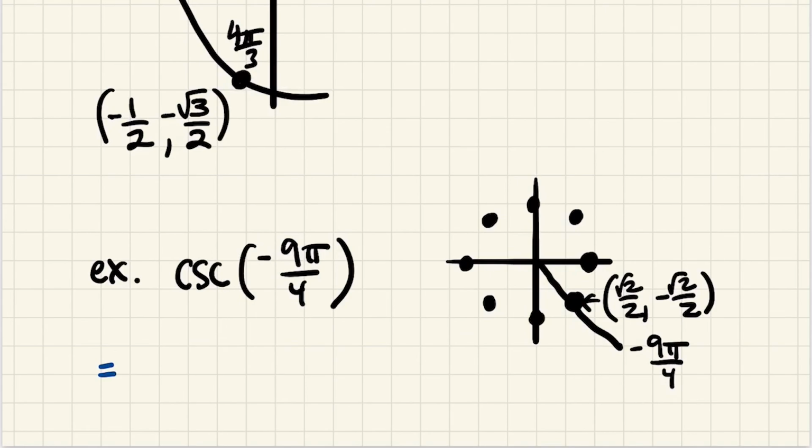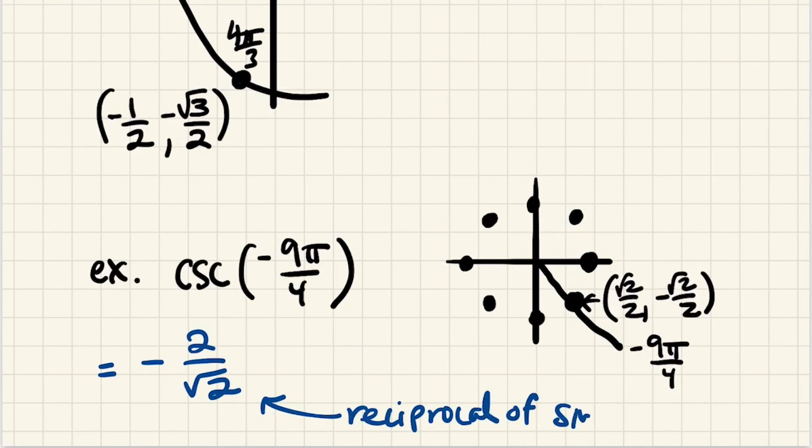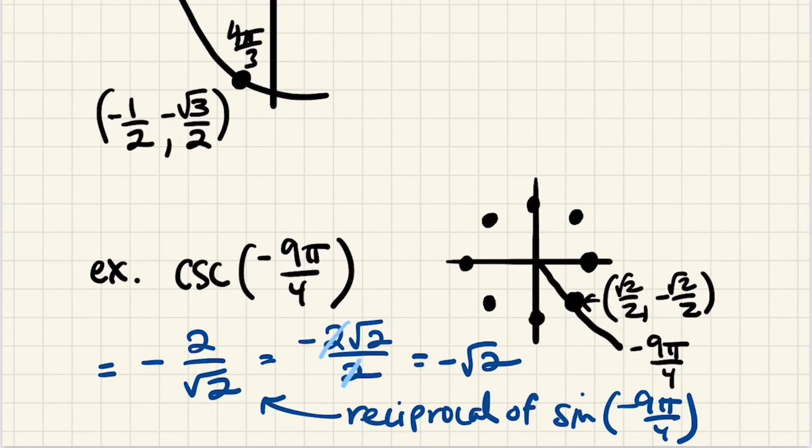And sine, we can see, is negative rad 2 over 2. So this is simply negative 2 over rad 2, the reciprocal of sine. If you rationalize this, multiplying the top and bottom by rad 2, you'll get negative 2 rad 2 over 2. And you indeed actually just get an answer of negative rad 2.